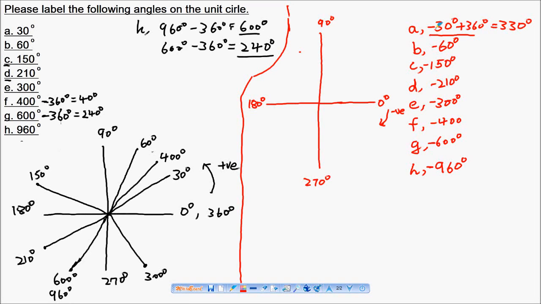That means the physical representation of minus 30 degrees on a unit circle is the same as 330 degrees. So I just draw a line there. 330 degrees should be somewhere there, or I can say this angle there is 30 degrees.